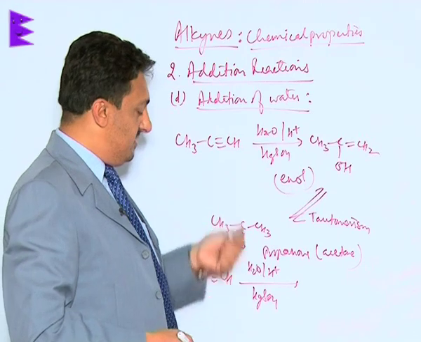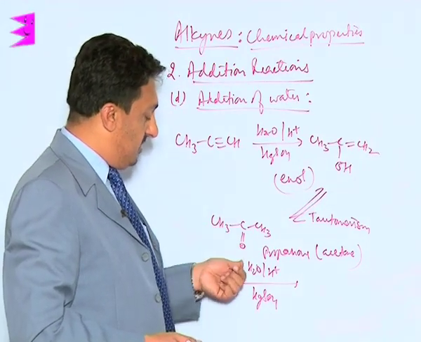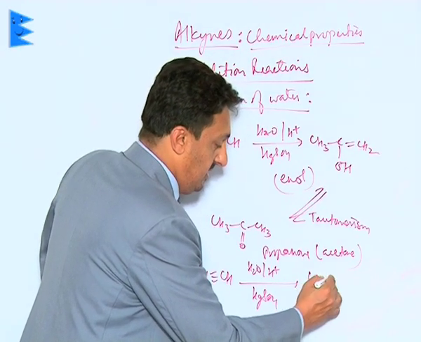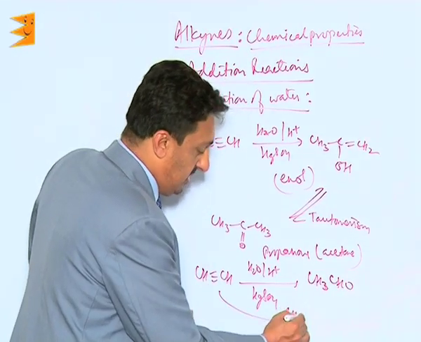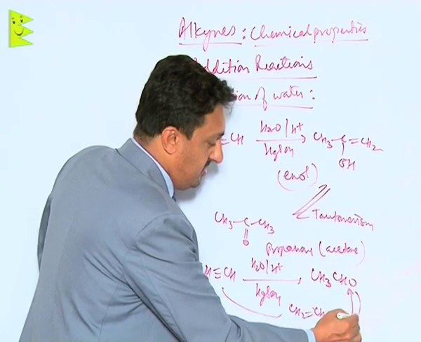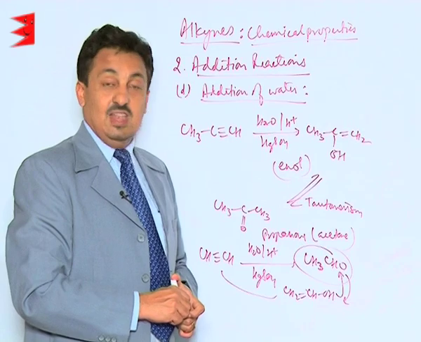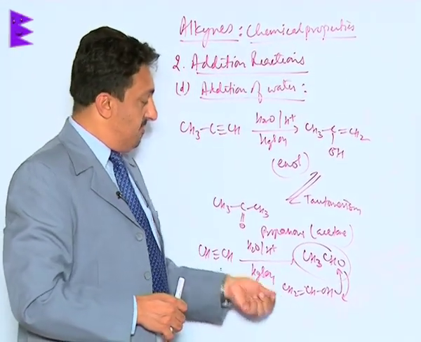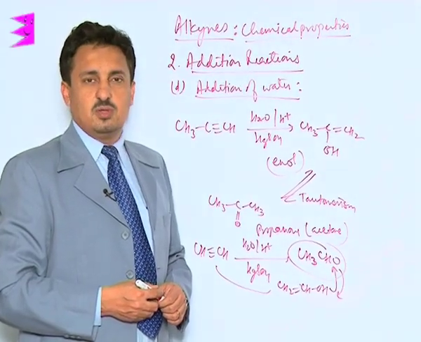When water is added to acetylene, the product obtained is acetaldehyde, because although we get an enol in this, the enol shifts to the aldehyde by tautomerism. The main product is acetaldehyde, not the enol, and these are the addition products of alkynes due to the addition of water.